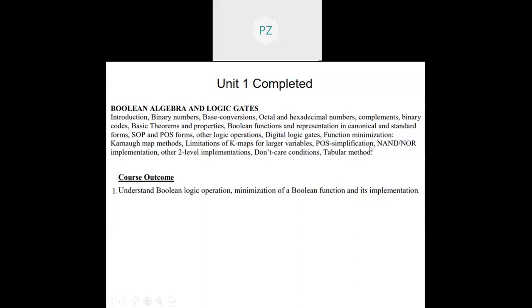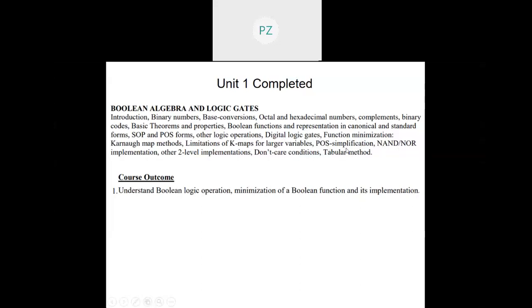Then POS simplification also we have seen. Take zeros in place of ones, and try combining with zeros. And also write the sum term accordingly. Then NAND NOR implementation we have seen. Sum of product and AND-OR implementation, NAND implementation, they are the same.